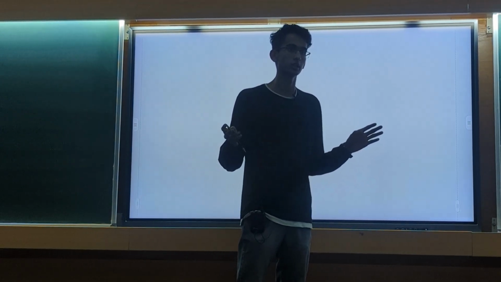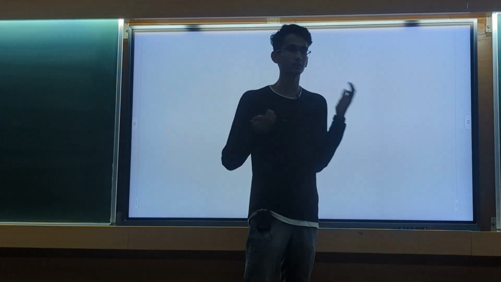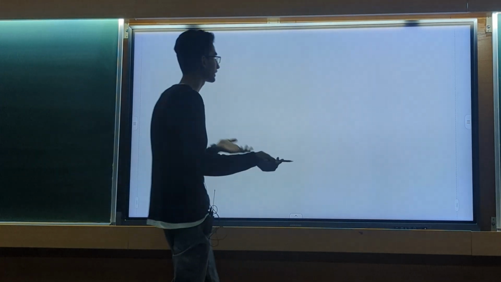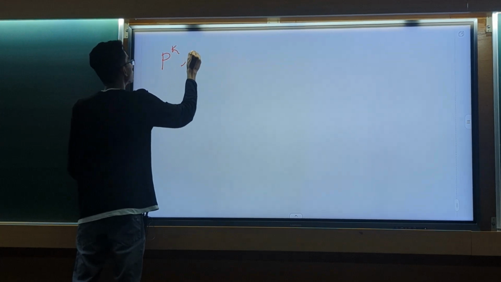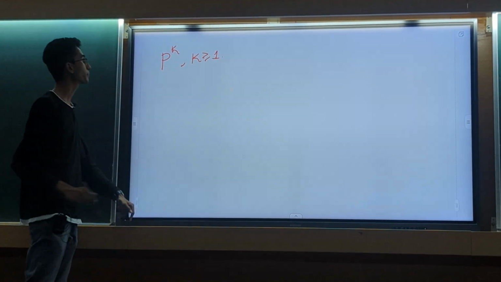Basically, they are the same field. So there's only one field with one finite cardinality. And in fact, the cardinalities must be p power k, for any prime p.